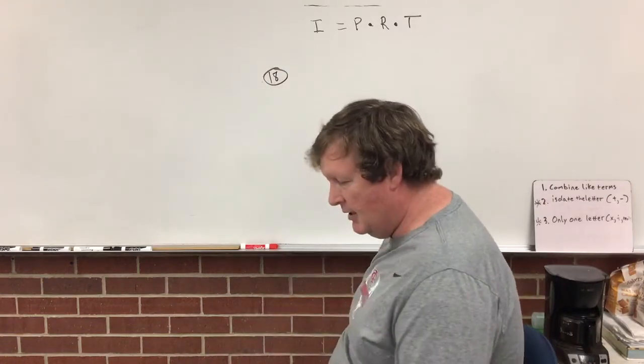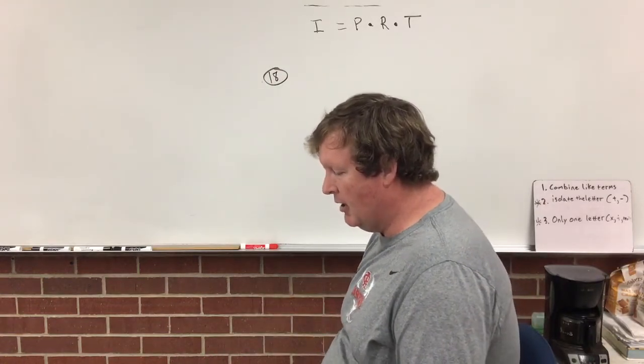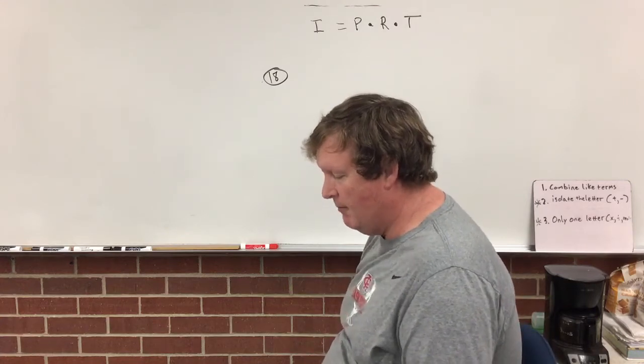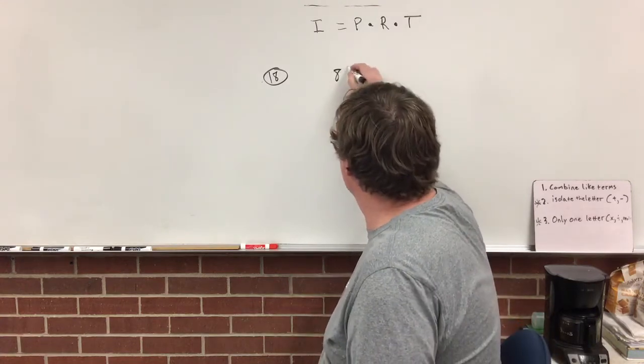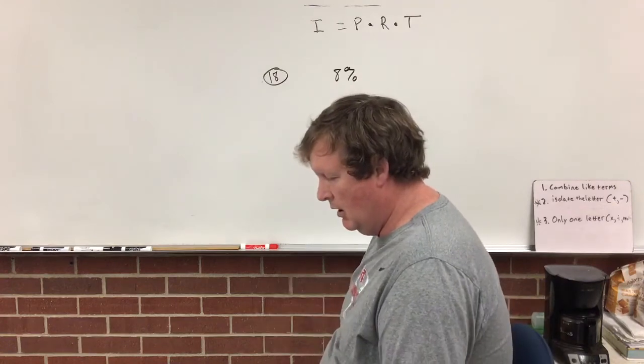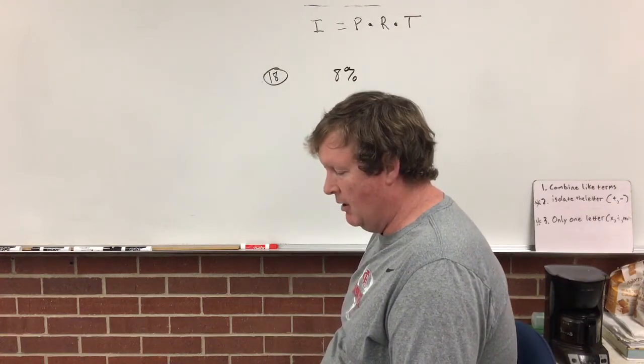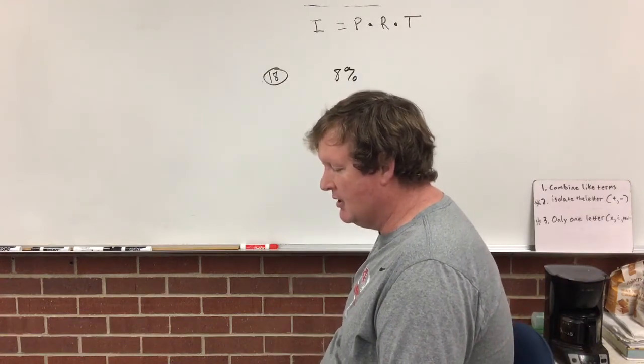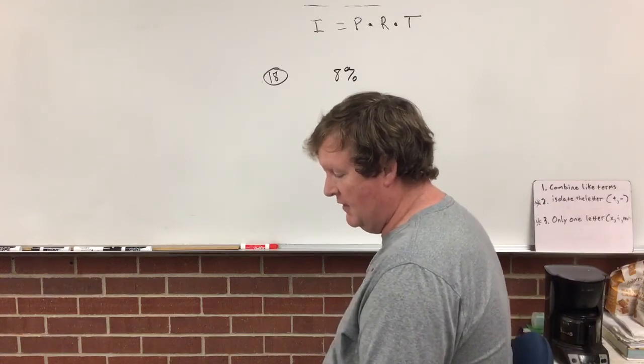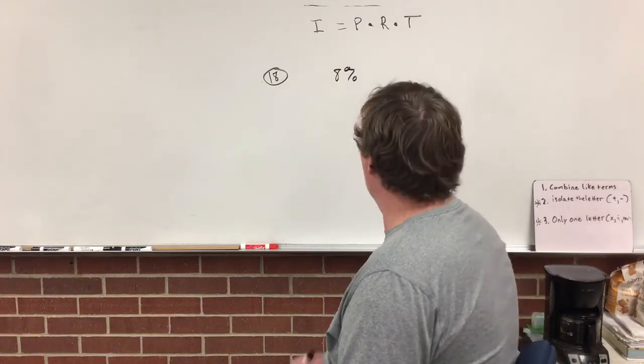Here we go. 18 says, the price of a new boat model was marked up by 8% over the previous year's model. If the new boat costs $6,750, what's last year's price?